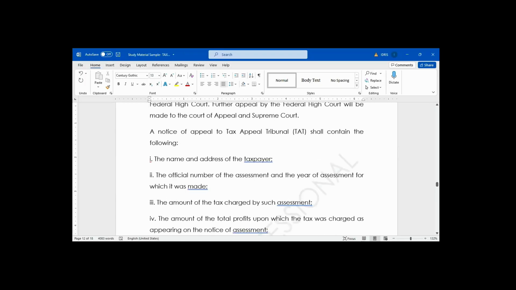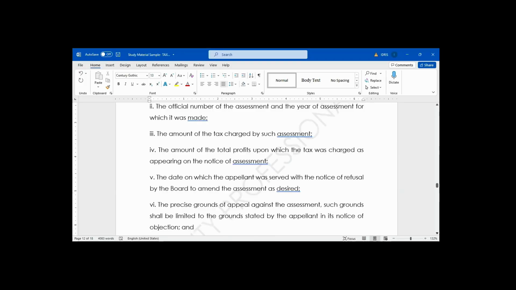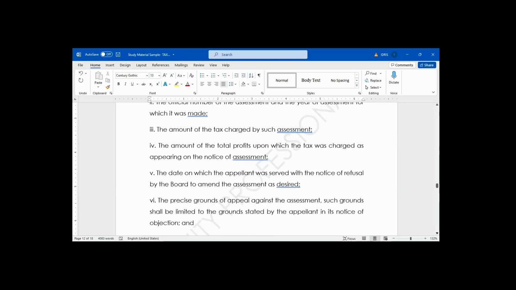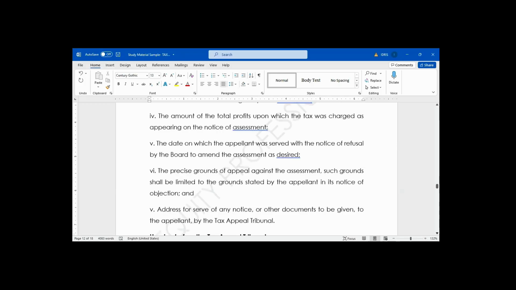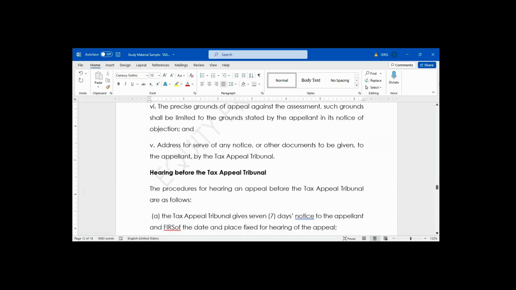The name and address of the taxpayer, the official number of the assessment and the year of assessment which was made, the amount of tax charged by such assessment, the amount of total profit upon which tax was charged as appearing in the notice of assessment, the date on which the appellant was served notice of refusal to amend, the precise grounds of the appeal, the address for service of any notice or document to be given to the appellant by the Tax Appeal Tribunal.